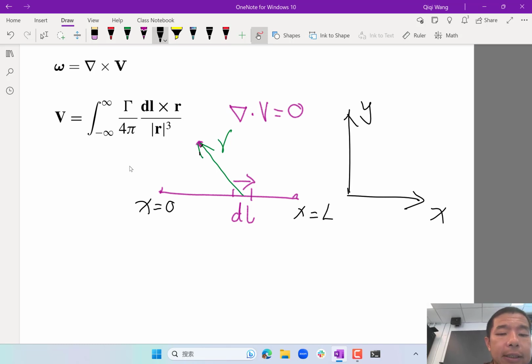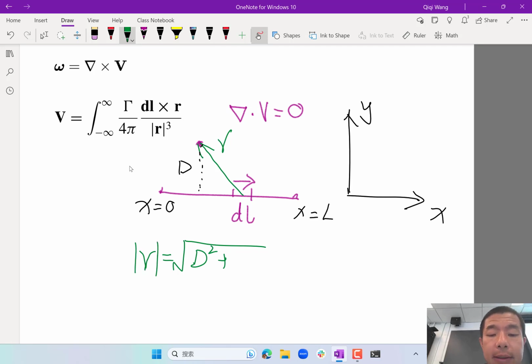And so the distance between the vortex and the point, let's denote it as d, right? Then we know that the magnitude of r is equal to the square root of d squared plus x squared, right?